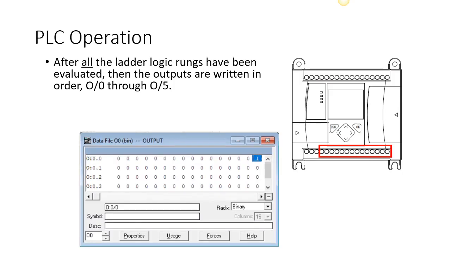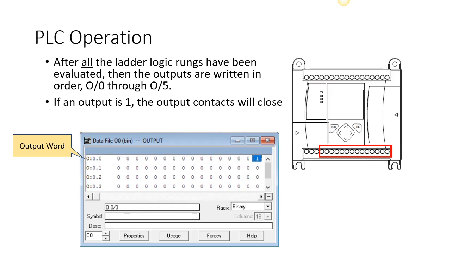And so in this case, I only had one output in my program, and my output word, if you notice, looks almost identical to the input word. The only thing that's changed is instead of an I in front of my output word there, I have an O. And the output, since it's 1 in the table, we are going to write that channel to a 1.